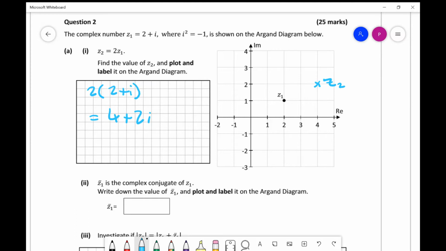So instead of 2 plus i, it'll be 2 minus i. So plotting that over here, I go across to 2 and I go down negative 1 in the imaginary direction, which we're going to call Z1 hat. Okay.